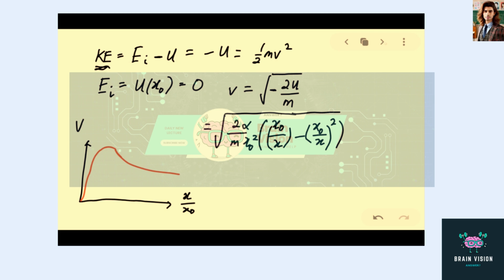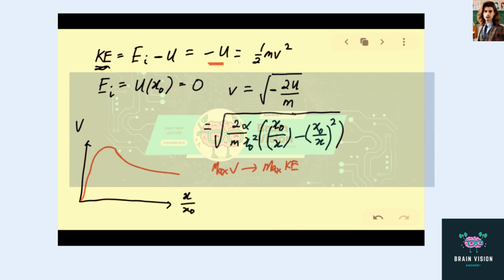Now, what we want to find next is the maximum speed, or maximum velocity, and this will occur only at maximum kinetic energy. Therefore, we will need to find the maximum kinetic energy.